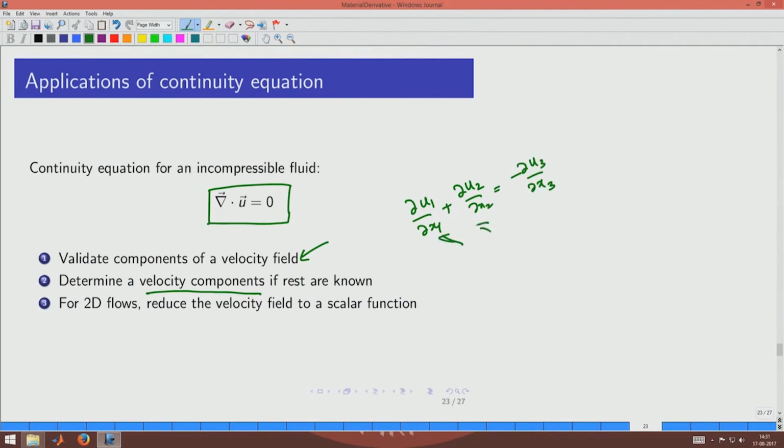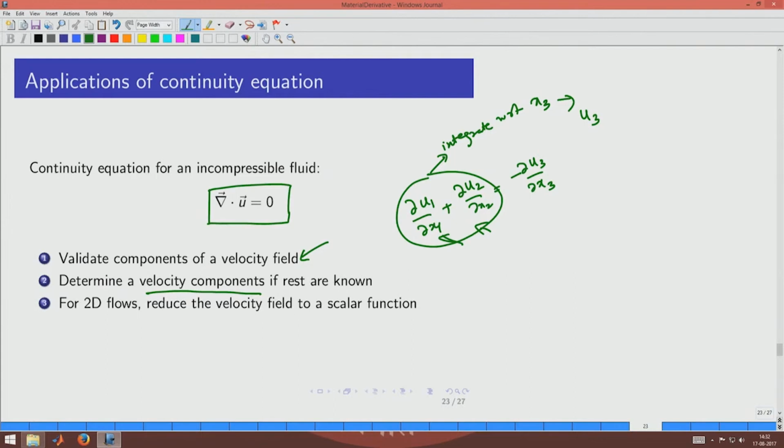If these 2 are known, then whatever comes up here, you integrate it with respect to x3, and that will give you u3. This is how you can use the continuity equation to determine unknown components of a velocity field if the rest of the components are known.